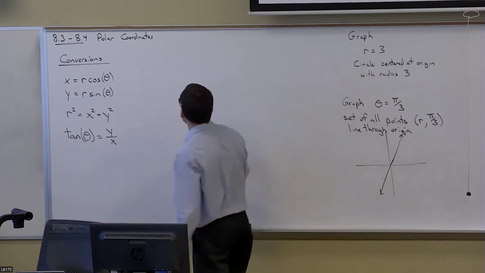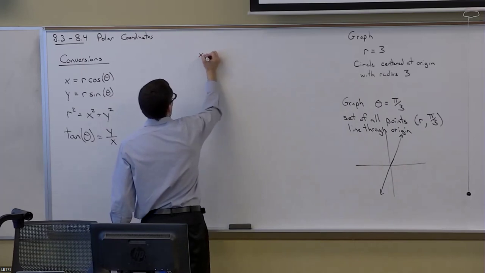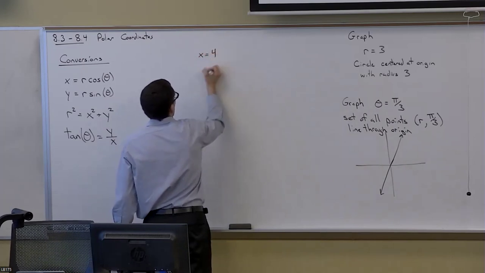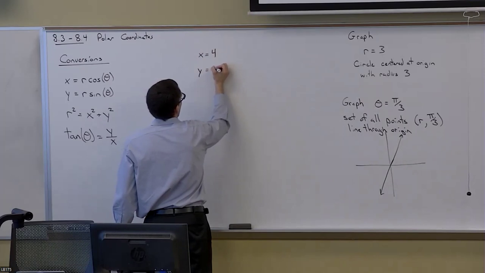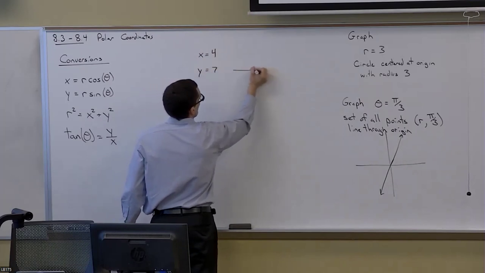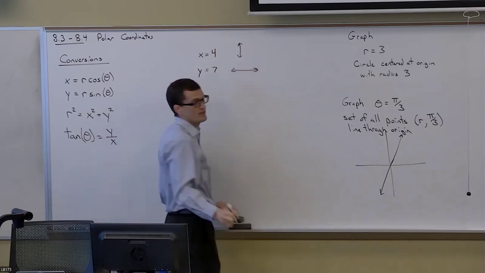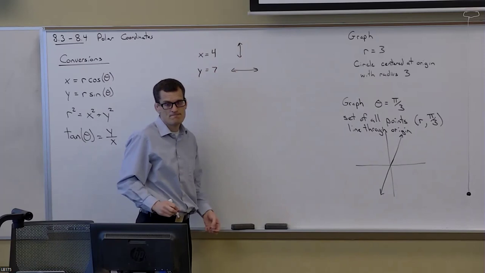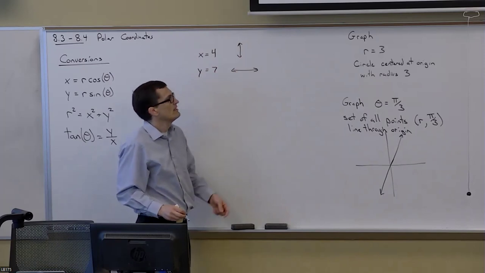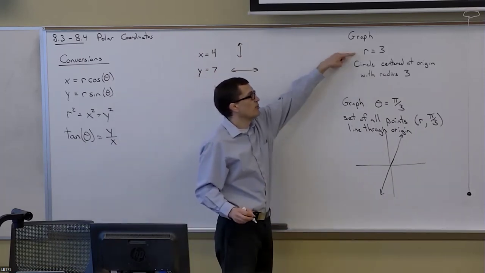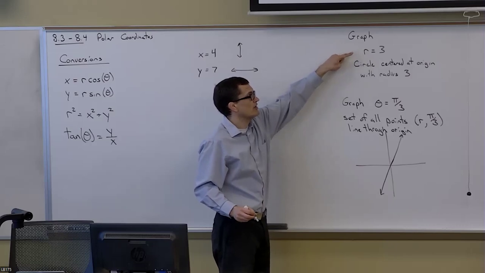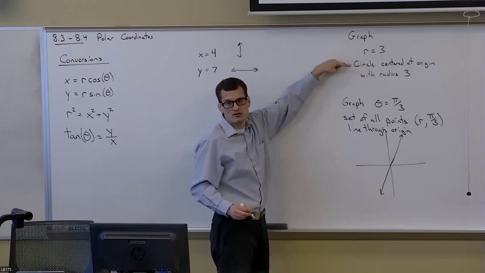By the way, in rectangular, if we graph x equal to a number or y equal to a number, we get vertical lines and horizontal lines, right? Now what we're seeing is in polar, if we're graphing r equal to a number, I'm getting circles.